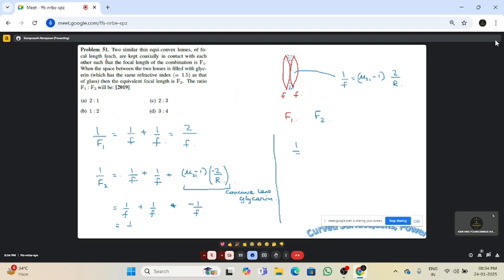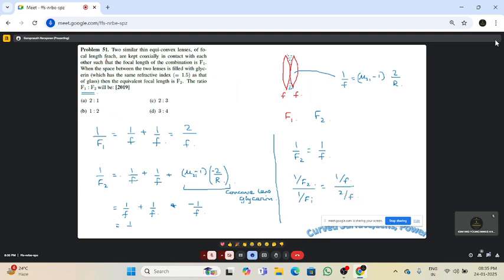So 1 by f2 is equal to 1 by f. They are asking to find the ratio of f1 by f2. So 1 by f2 divided by 1 by f1 will give me 1 by f divided by 2 by f.